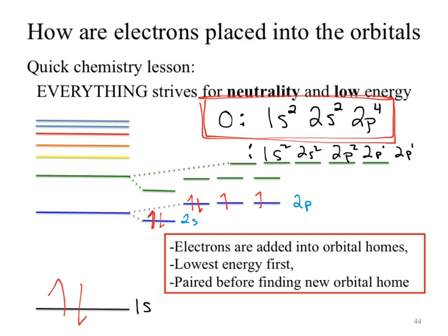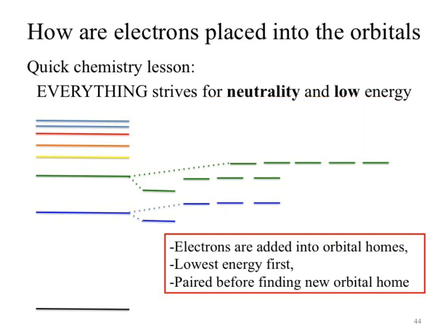What happens when we move down to sodium? Let's clear all this away. Sodium, 1s2, 2s2. What's the next thing we fill? 2p6.